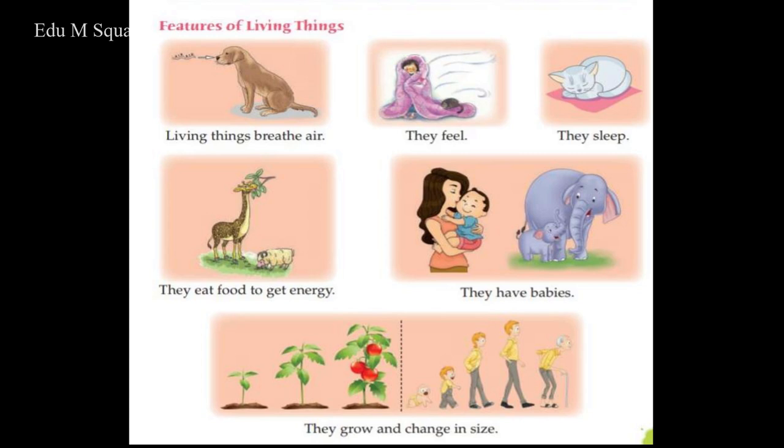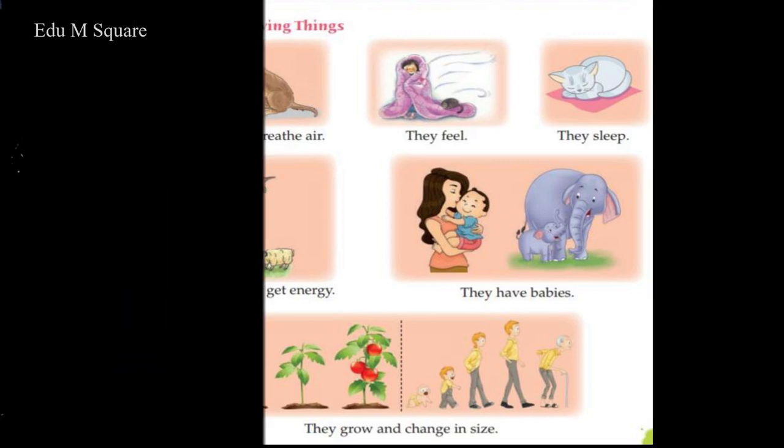All living things need energy to do their work. They get this energy from food, so they eat food to get energy. All the living things reproduce their young ones. So they have babies. They grow and change in size. We saw the features of living things.